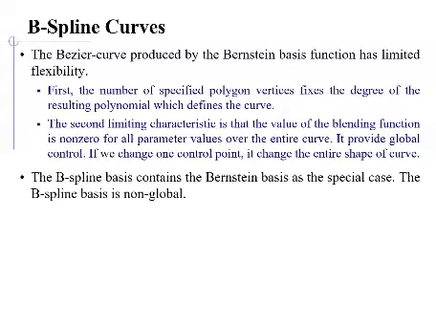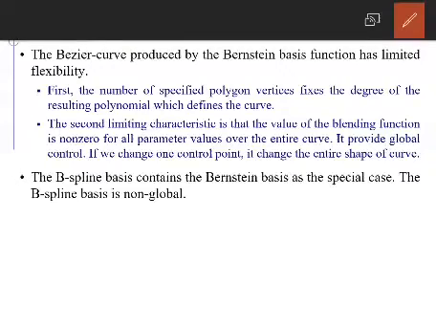It means that in a Bezier curve, if there are, for example, 5 control points, then the polynomial degree of that curve is always 4. If there are 4 control points, then its degree is always 3. So the control points decide the polynomial degree. That is the first limitation of the Bezier curve.